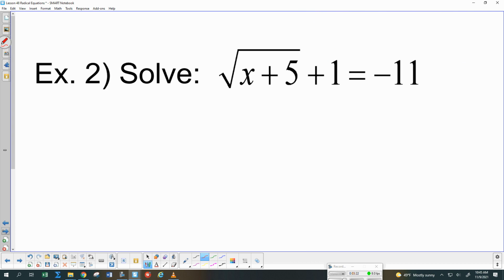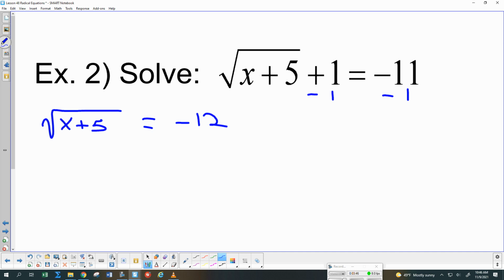So what did I say was the first step? So we need to get the square root by itself, the square root of x plus 5. And to do that, I'm going to subtract 1 on each side. So what does it need to equal on both sides? Negative 12. And what do we do?